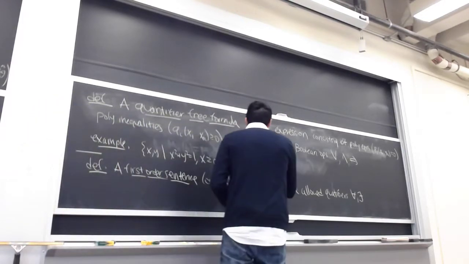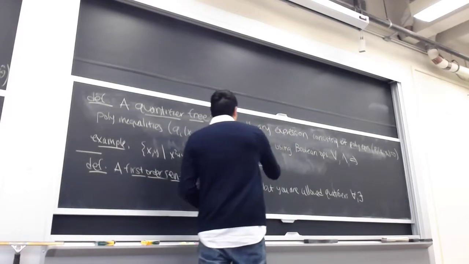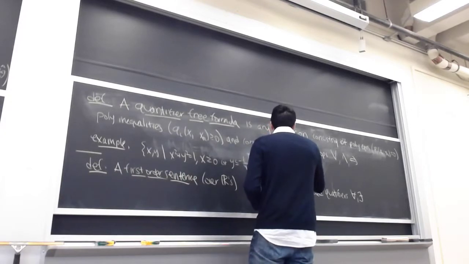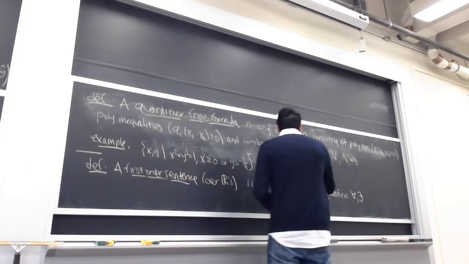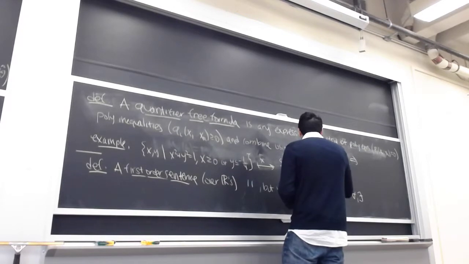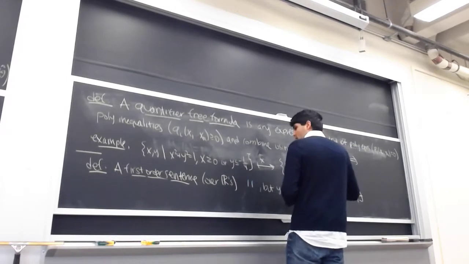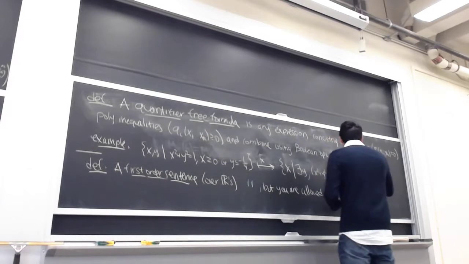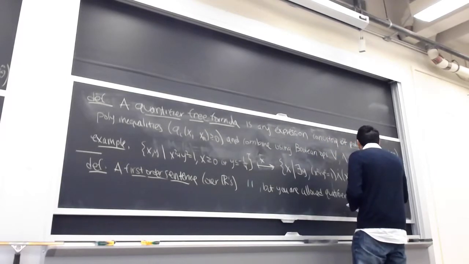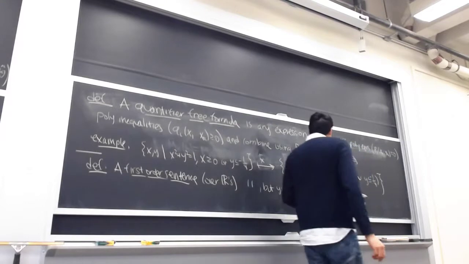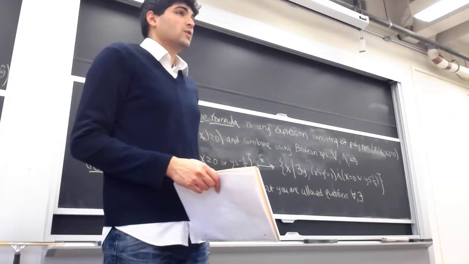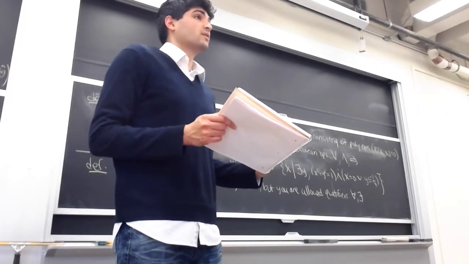Like I can project it onto just the coordinate x, right? Which would be the set of all x's such that there exists a y where x squared plus y squared equals 1 and x equals 0 or y is at most minus 1/4. So this would in general be what's called a first order sentence over the reals. So it's just the way of defining algebraic objects.